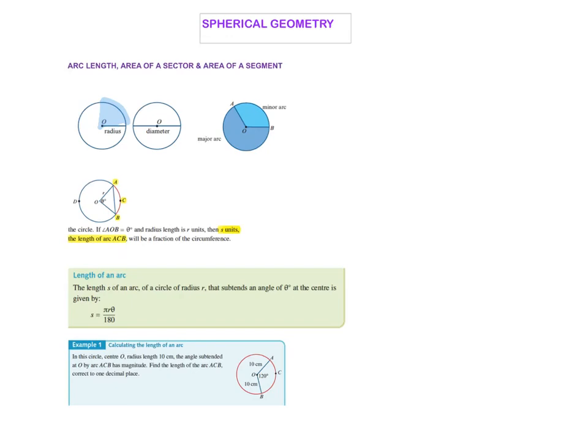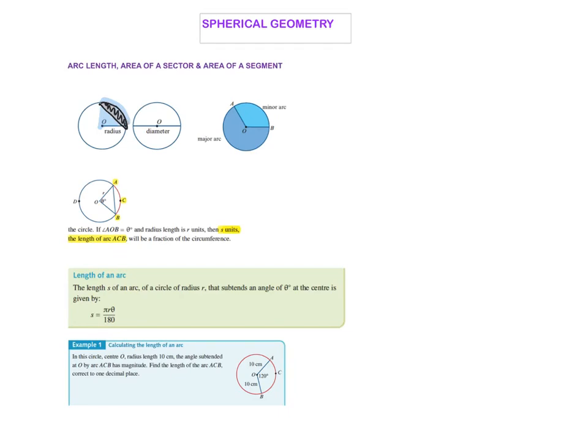And then we'll look at area of a segment, which is when you draw a little line across like that, and in there would be what we call a segment. Okay, so we're going to look at those things, and we have a formula for all of them.